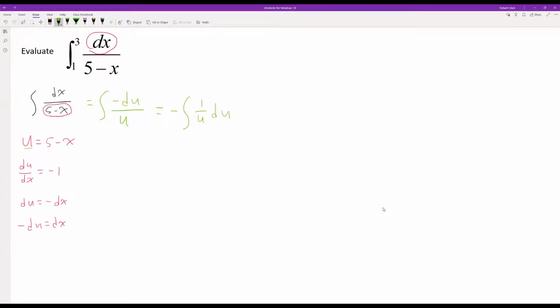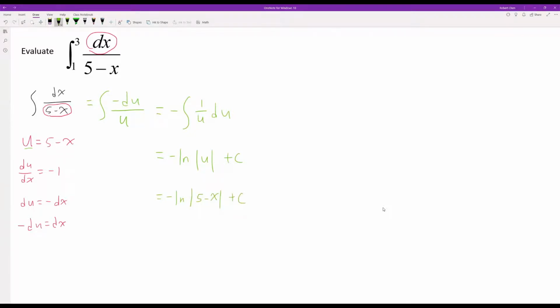The integral of 1 over u, or 1 over x, is just ln of that thing. So this is equal to negative ln of the absolute value of u plus c. Then do the reverse substitution, replacing u back with the original expression, which is negative ln of the absolute value of 5 minus x plus c.